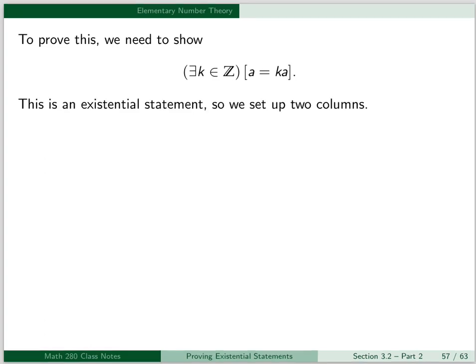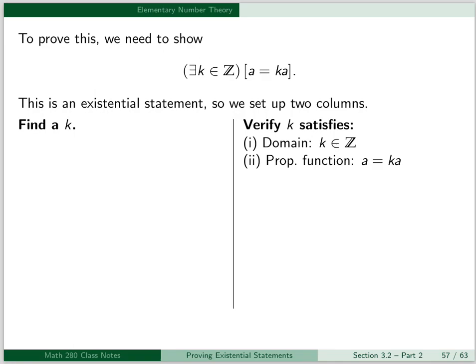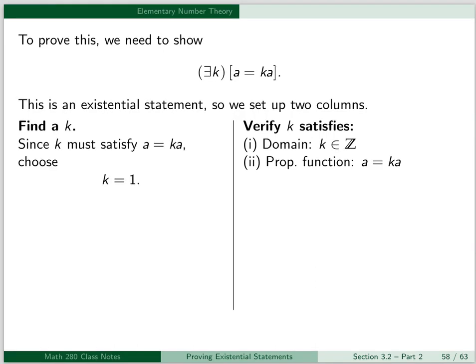This is an existential statement, so we set up two columns. So we need to find a k and then verify that k satisfies our two conditions. Well, since k must satisfy the propositional function a is equal to ka, we choose k to be 1.